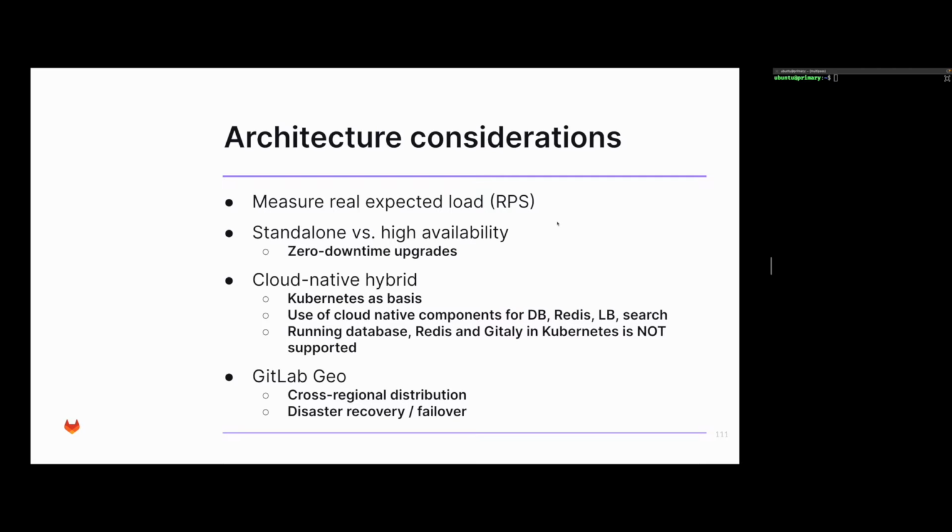And finally, the consideration is, do you want to have geographic features or not? Do you want cross-regional distribution where, for example, teams are located on the other side of the earth and they need a local copy for lower latency and better performance? Or, for example, you want to do disaster recovery and failover in different availability zones. Clusters typically don't go over availability zones.